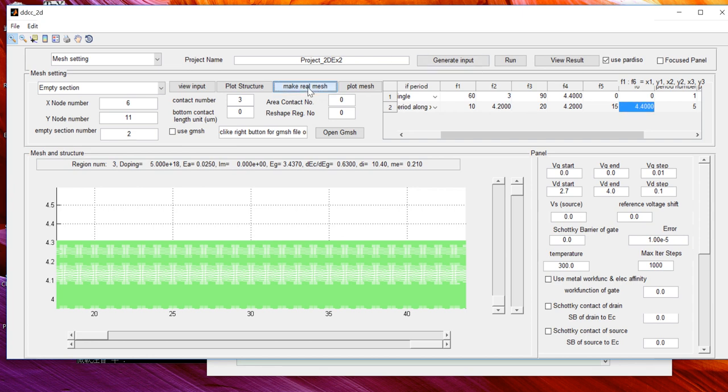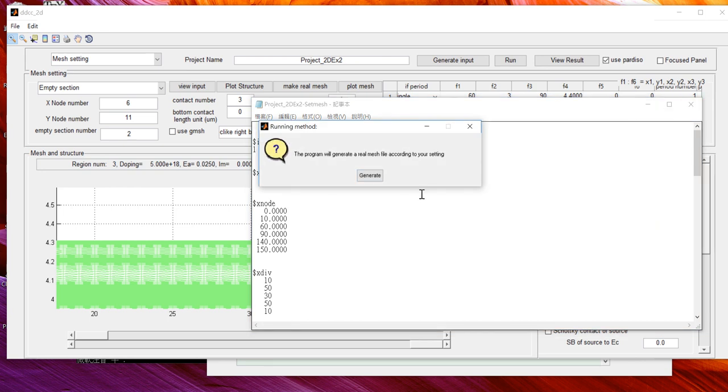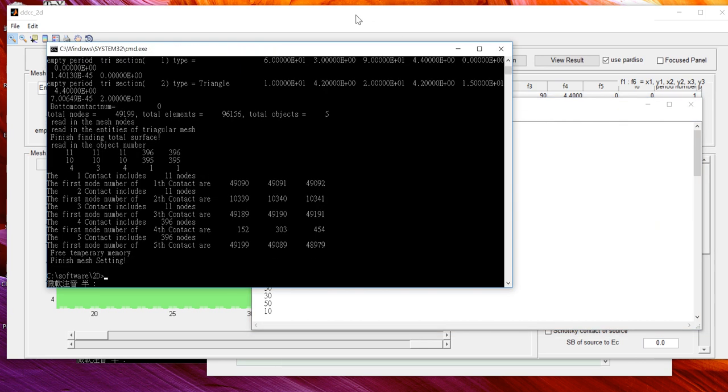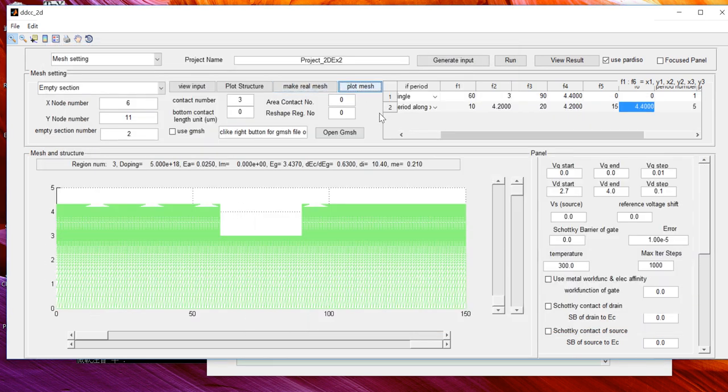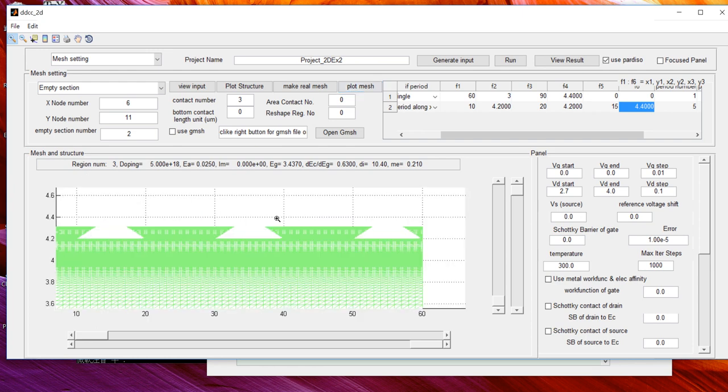Alright, so we make a real mesh. So we plot the mesh. You can see that we make a surface structure like this. So it can come from like undercut. Yeah. But you need to check if the mesh is good.